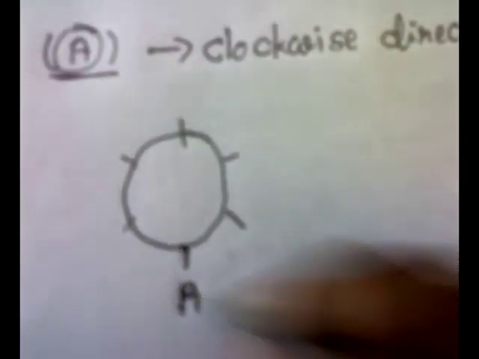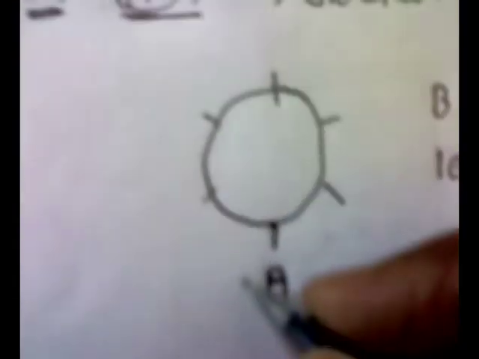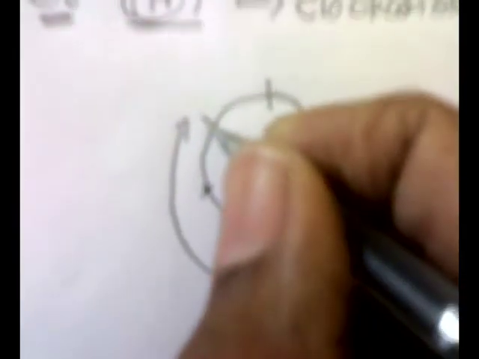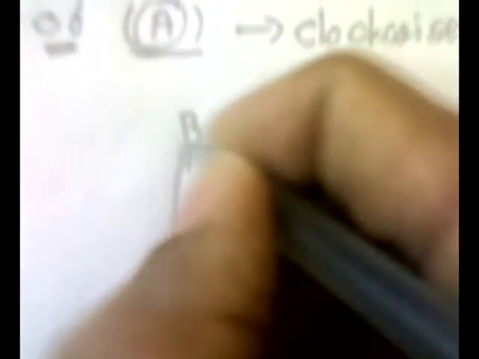The condition says B sits second to the left of A, so we move in a clockwise direction to the second spot. This is first and this is second spot, so B will be here.